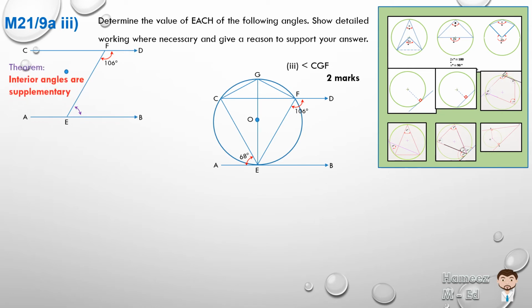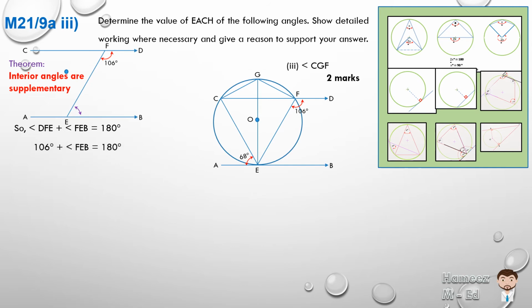And the theorem states that interior angles are supplementary, which means that if we say angle DFE and angle FEB, the one on top and the one below, we add them up, it will be equal to 180 degrees. And we know angle DFE, let's substitute. 106 degrees plus angle FEB is equal to 180 degrees.